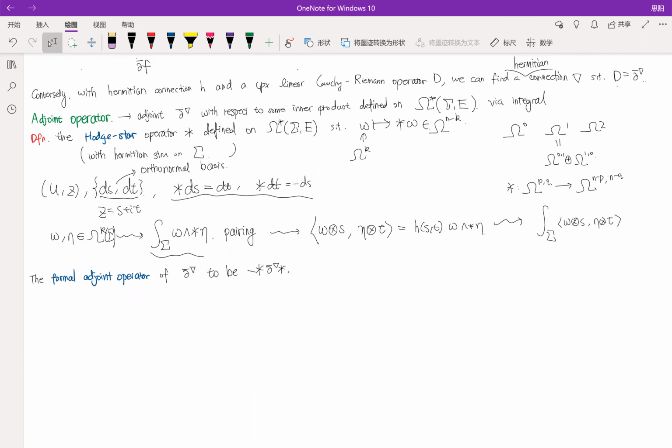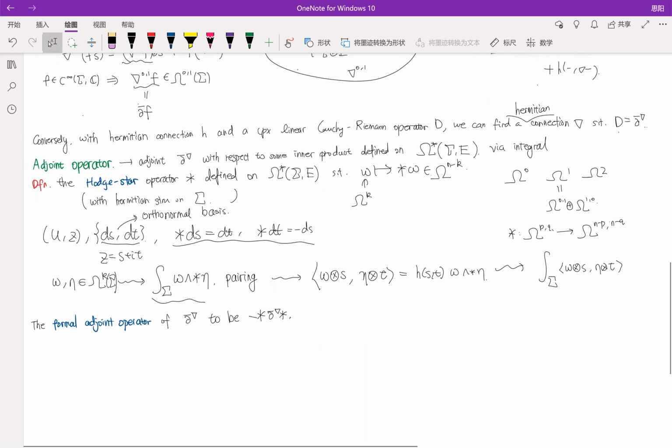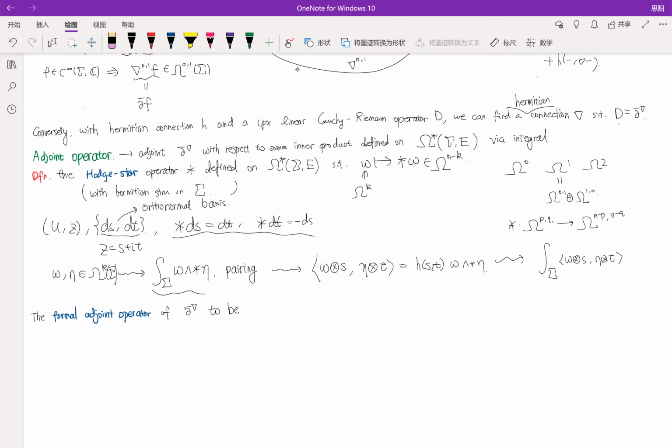So then we have a linear pairing, and we associate the formal adjoint operator, just like what we have done in differential geometry. Good.